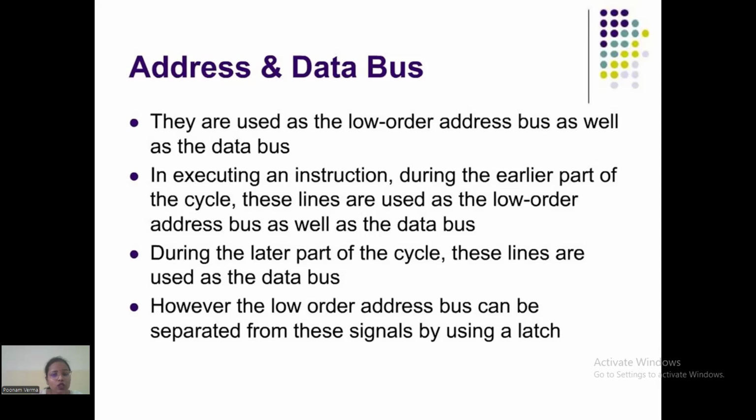During the later part of the cycle, these lines are used as a data bus. However, the low order address bus can be separated from these signals by using a latch.